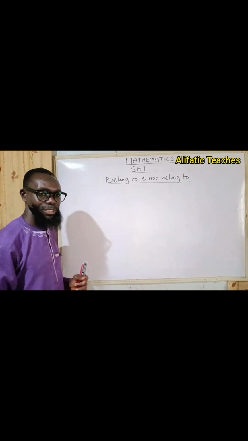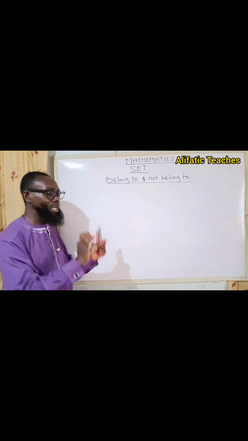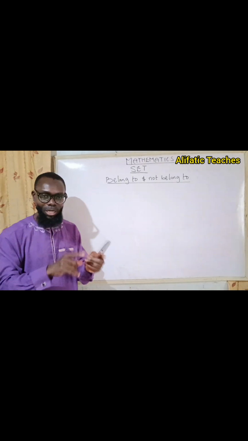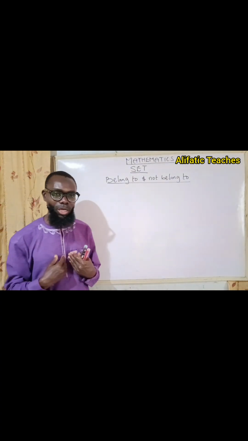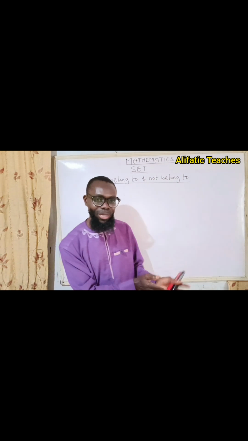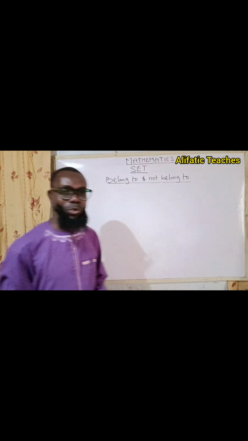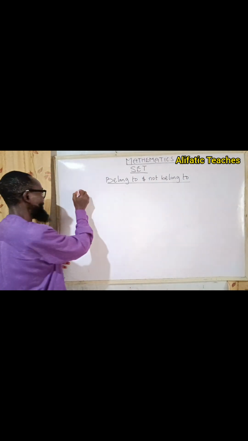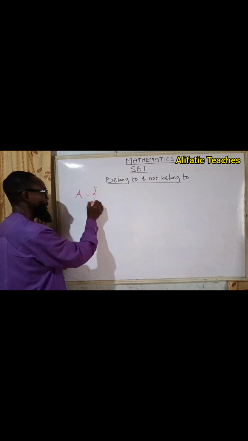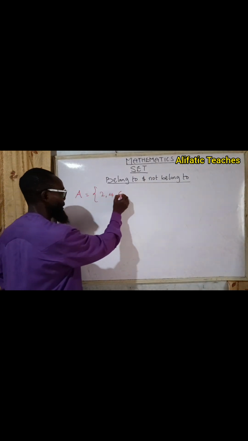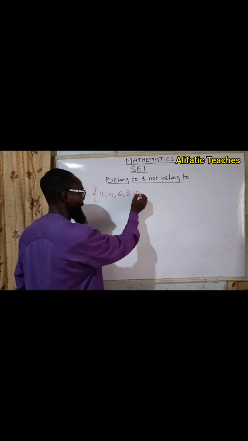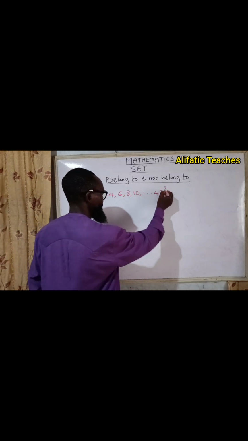Let us look at this short subheading: belong to, not belong to, or is a member of and not a member of. If you can recall the example we just gave, that set A is equal to 2, 4, 6, 8, 10, and so on to 48.